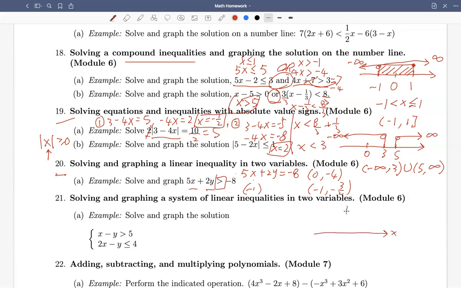X-axis, y-axis, 0, negative 4. Let's see, this is negative 4. So I have this point. Then negative 1, let's see, negative 1 is here for x. Then negative 3/2. So let's see, this is 2, so 3/2 is that, 1/2.